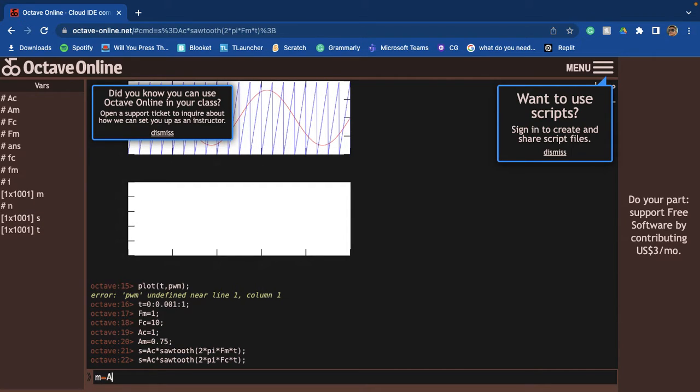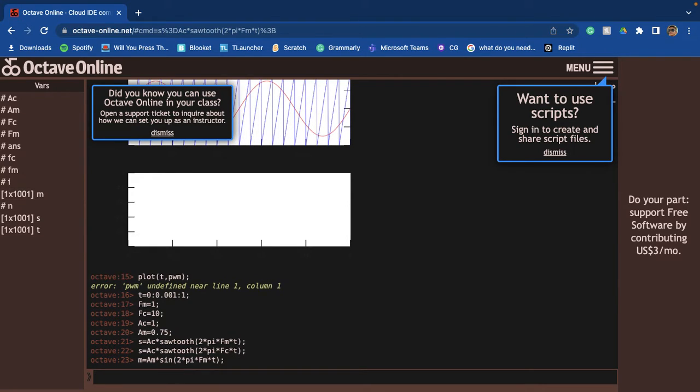M is equal to AM into sine 2 pi FM T. Now it's fine.